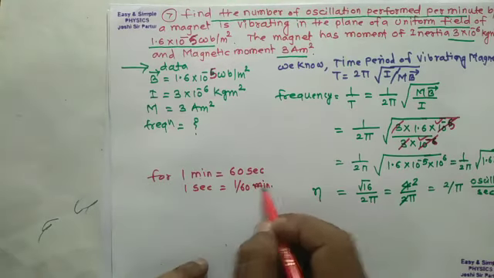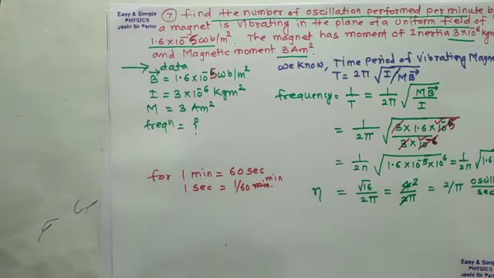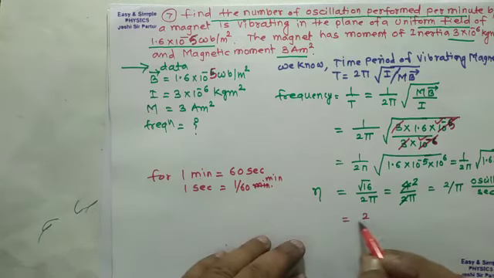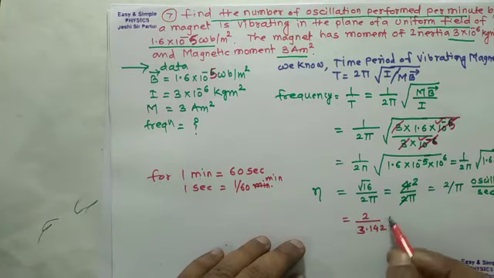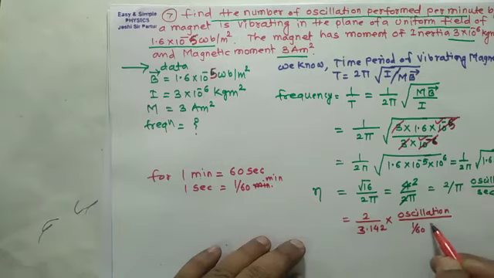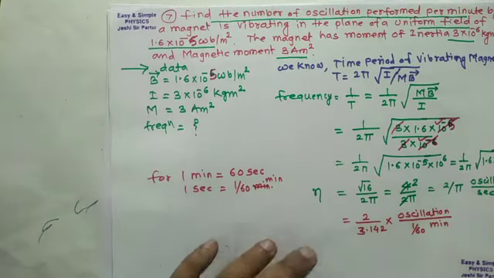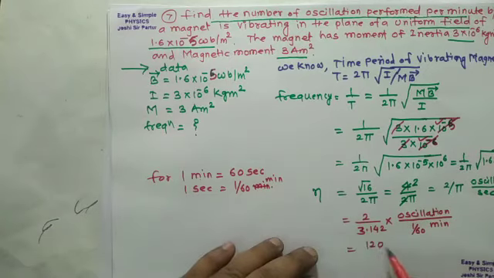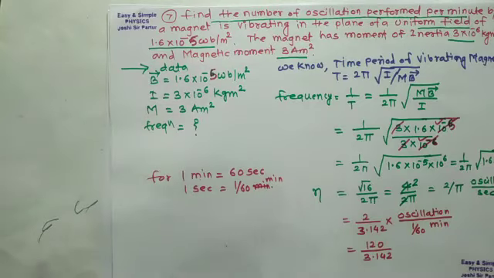So here we can write 2 upon 3.142 multiplied by oscillation divided by 1 upon 60 minute. Take a reciprocal, it will be 120 divided by 3.142.